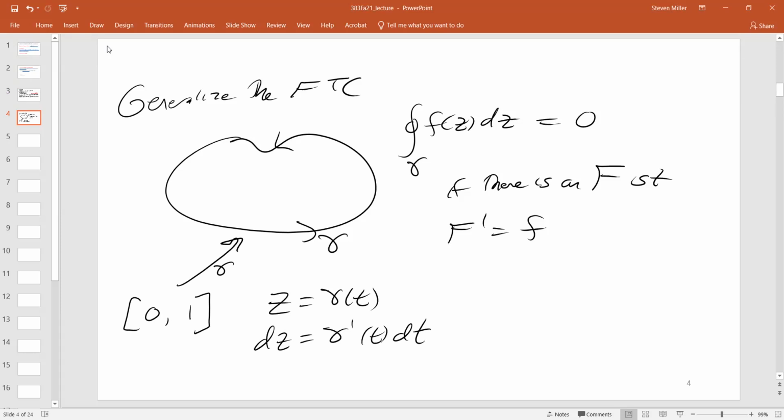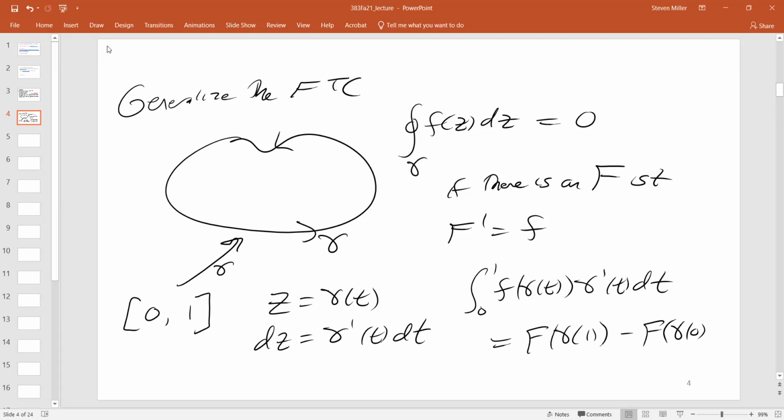And so your integral would basically become the integral from 0 to 1 of f of gamma of t, gamma prime of t dt, and then this would give you big F of gamma of 1 minus big F of gamma of 0. But since gamma of 1 and gamma of 0 are the same, gamma of 0 equals gamma of 1.